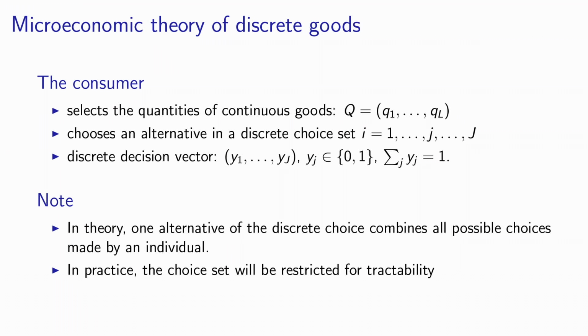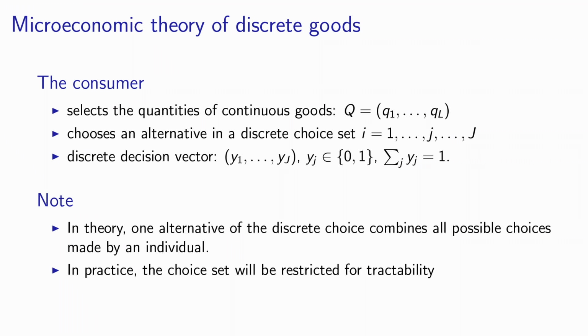The binary variable means that it can take only values 0 and 1, 0 being associated with the fact that you don't select this alternative, and 1 being associated with the fact that you choose this alternative. And for the sake of simplicity, we will assume that each individual can select only one among the J alternatives. So the sum over j of this Yj is equal to 1.